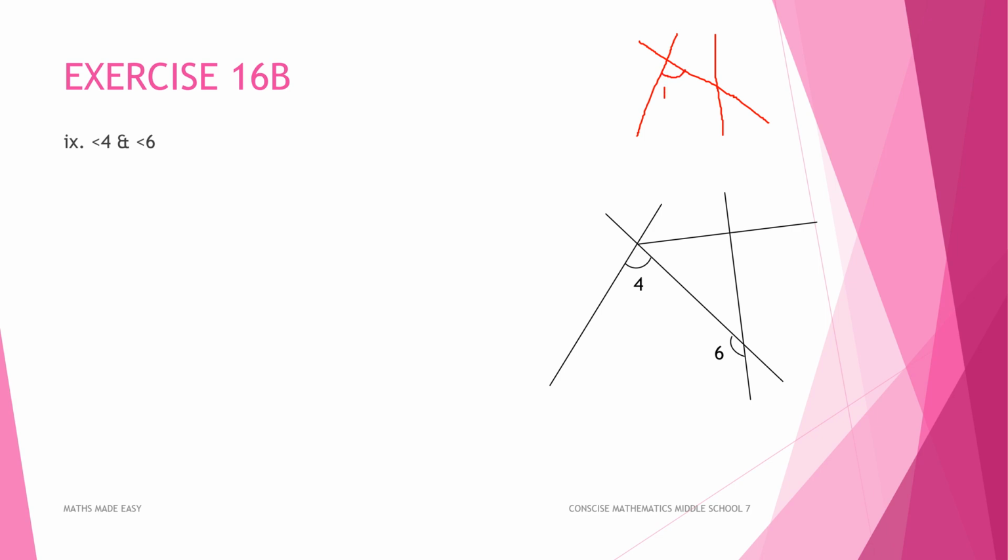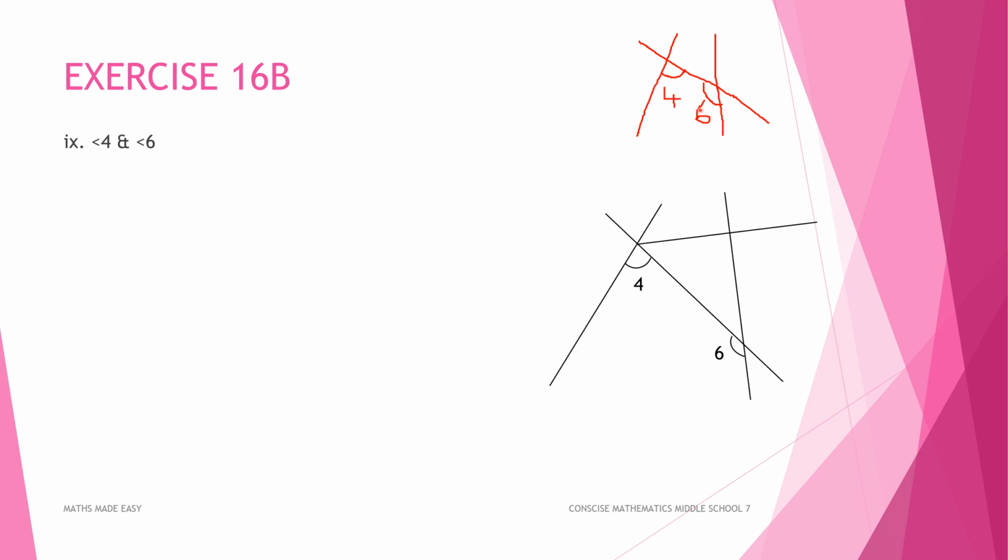This angle is 4, this angle is 6. How are these angles? Both angles are inside these parallel lines, so it is interior, right? And it is on the same side, so it won't be an interior alternate angle.